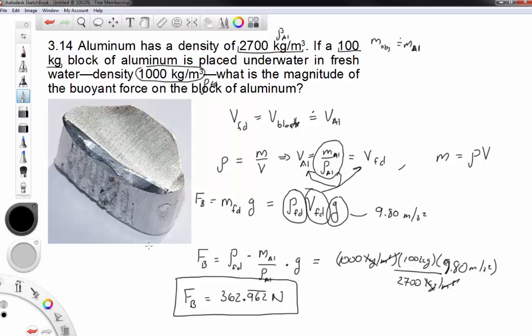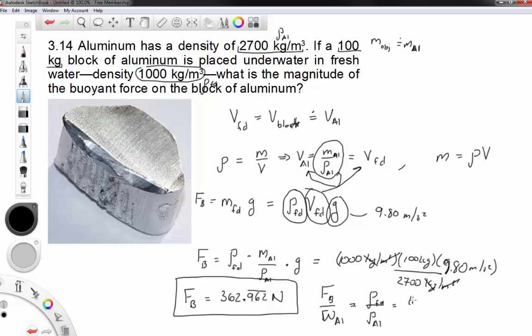All right, so is this thing going to float or sink? Well, one way of checking that is that we can look at this density ratio. And it turns out that the fraction of the weight of this block that this buoyant force is going to supply is going to be equal to this density ratio. So the buoyant force divided by the actual weight of the aluminum, we'll call that W_Al, is going to be this ratio of densities.